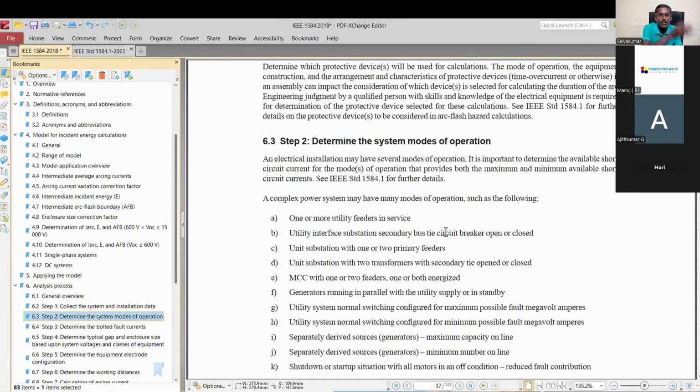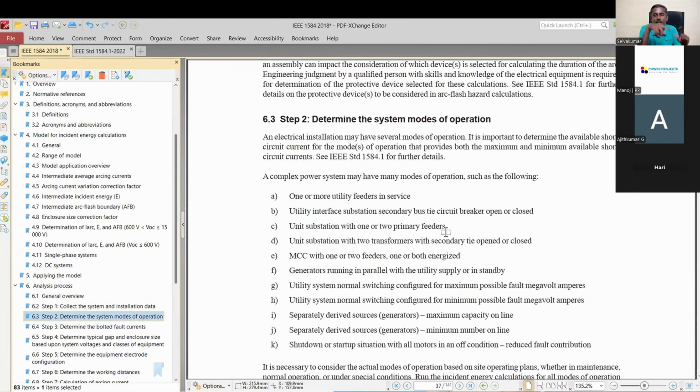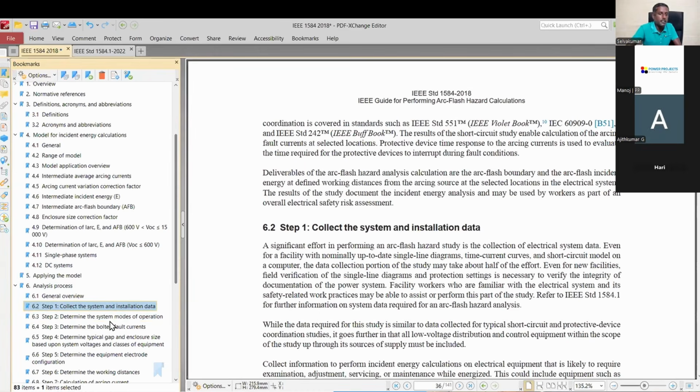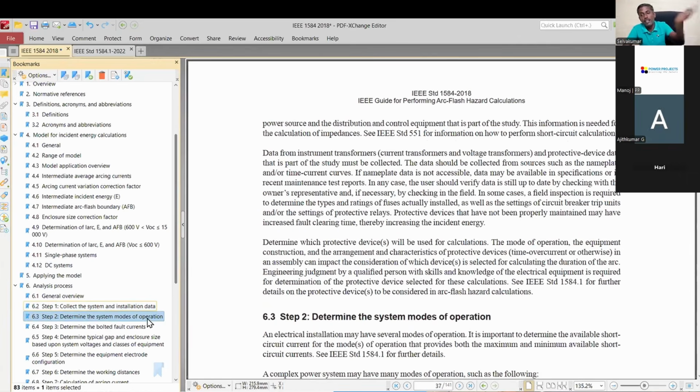Only one source, two sources with the bus coupler open, two sources with the bus coupler closed, or two sources with the bus coupler open and then one source fails, so the other source runs with the bus coupler closed. So step 1 is collecting the system data. Step 2, determine the modes of operation. If the grid completely fails, then a diesel generator, so find out what the possible operating scenarios are.